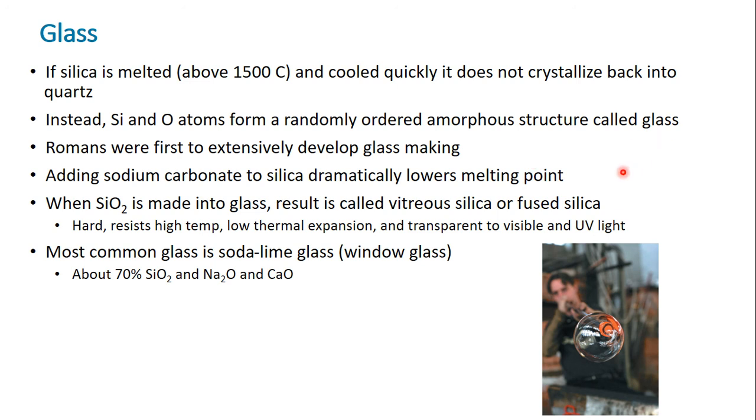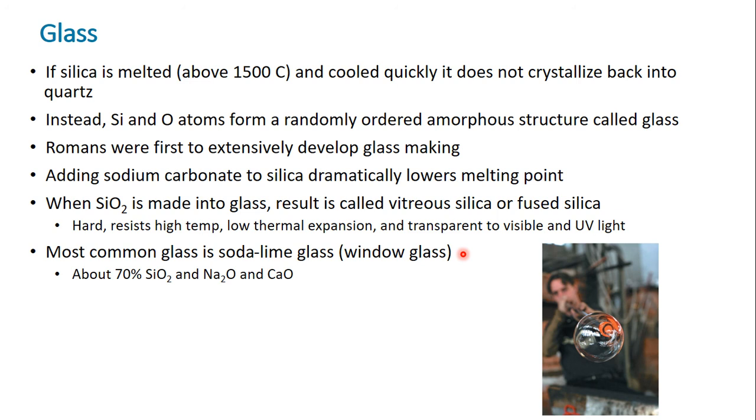Now, for glass, you can add sodium carbonate to the silica, and this will lower the melting point, making it easier to create glass. When this SiO2 is made into glass, you call that vitreous silica or fused silica. This type of glass is hard, very heat resistant, doesn't really expand with heat, and it's transparent to visible and UV light.